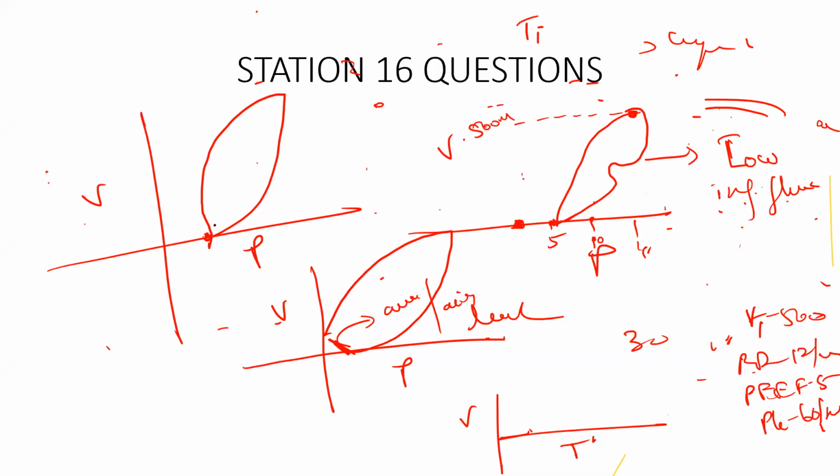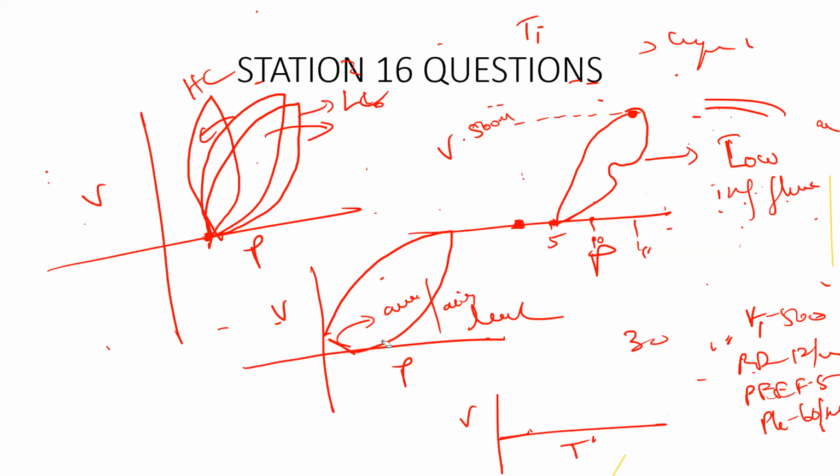So there will be bowing, and it will get shifted rightwards. This indicates the patient has very low compliance. When the patient has high compliance, like in an emphysematous patient, it will be shifted leftwards. So this indicates high compliance, and this indicates low compliance. Okay.